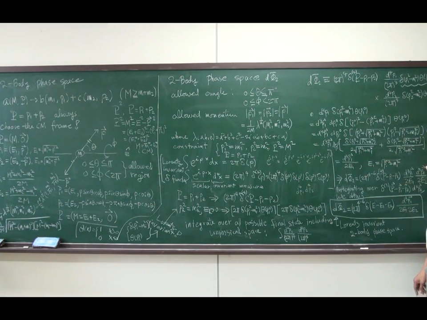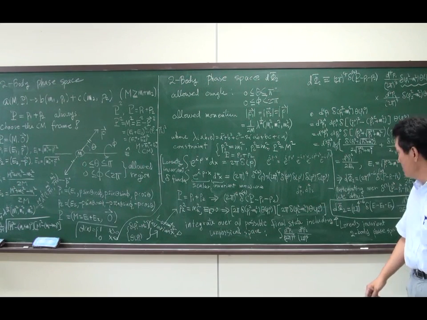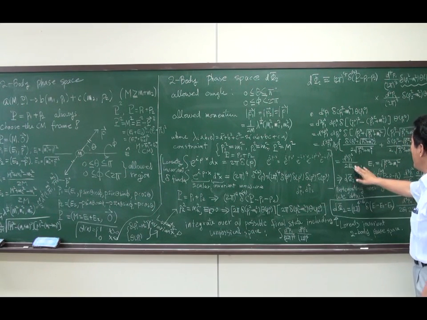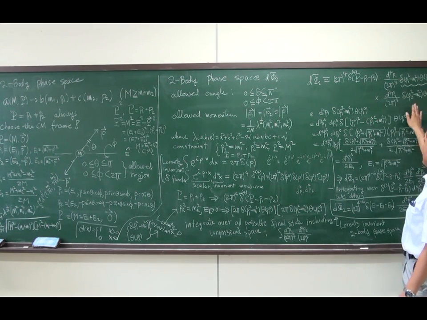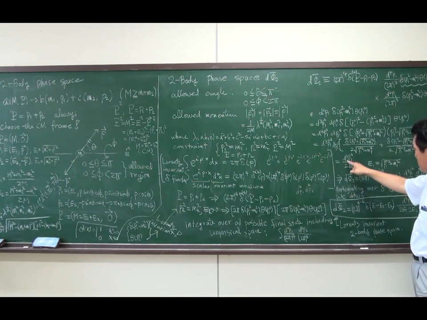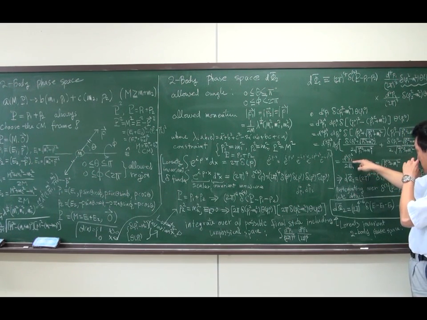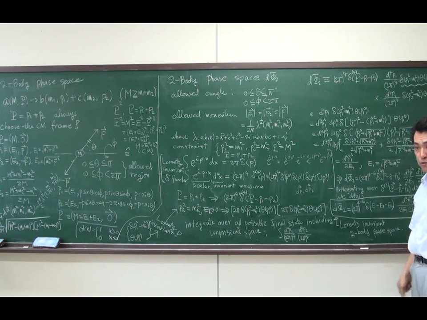After integrating over P10, this delta function becomes just 1, and this is replaced by 2 times the energy, where the energy is the square root of P1 squared plus M1 squared. In the same way, I can replace the second factor: I have d3P2 and 2 times E2.